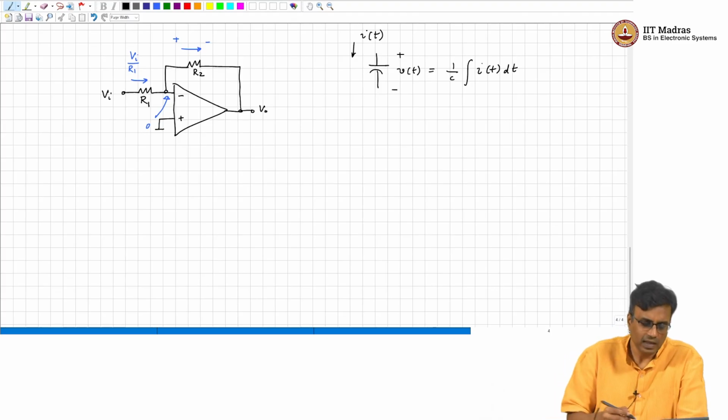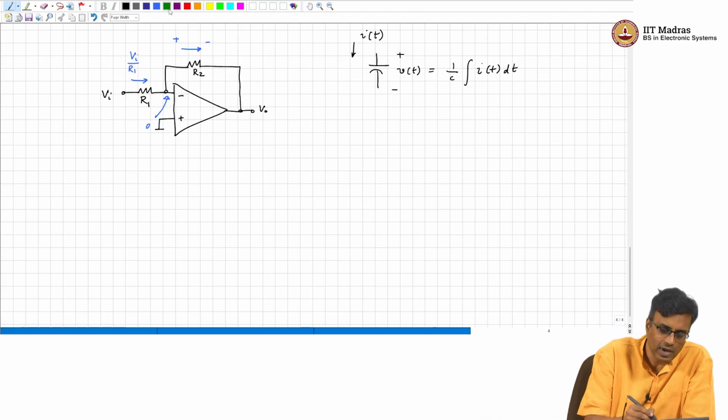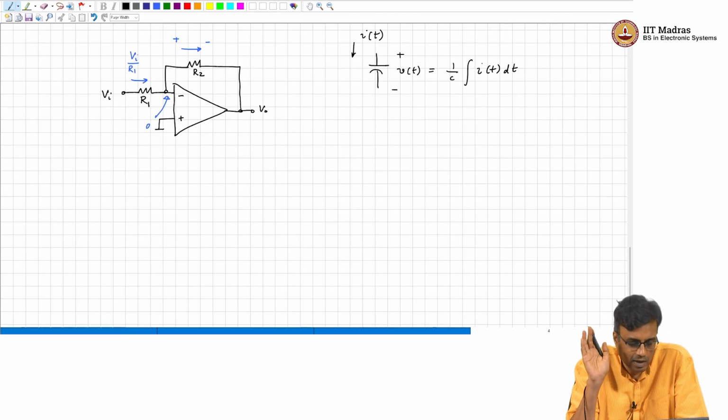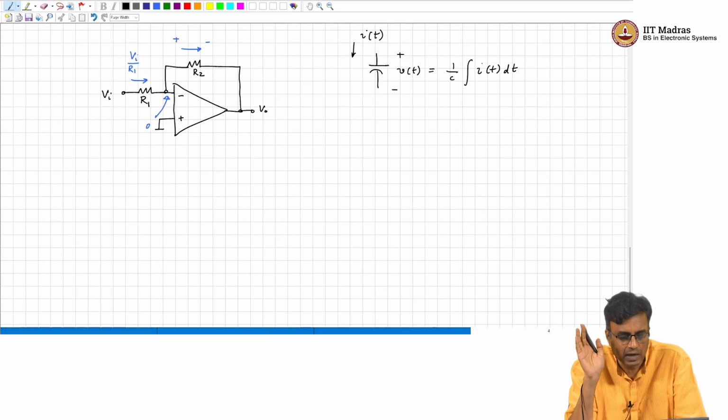Basically this R1 is taking Vi and then thanks to negative feedback, the inverting terminal of the op amp is going to be at virtual ground. So, Vi is being converted into a current through R1, and that current is flowing through the feedback branch.